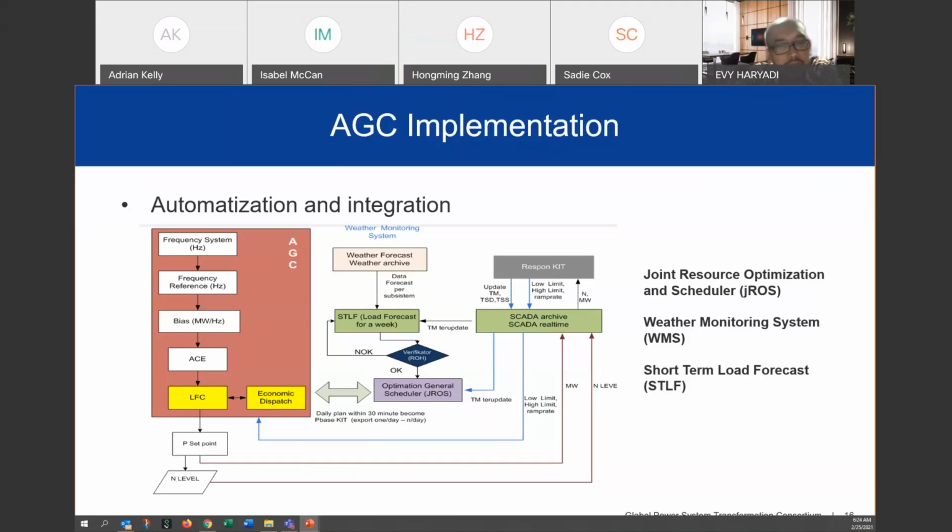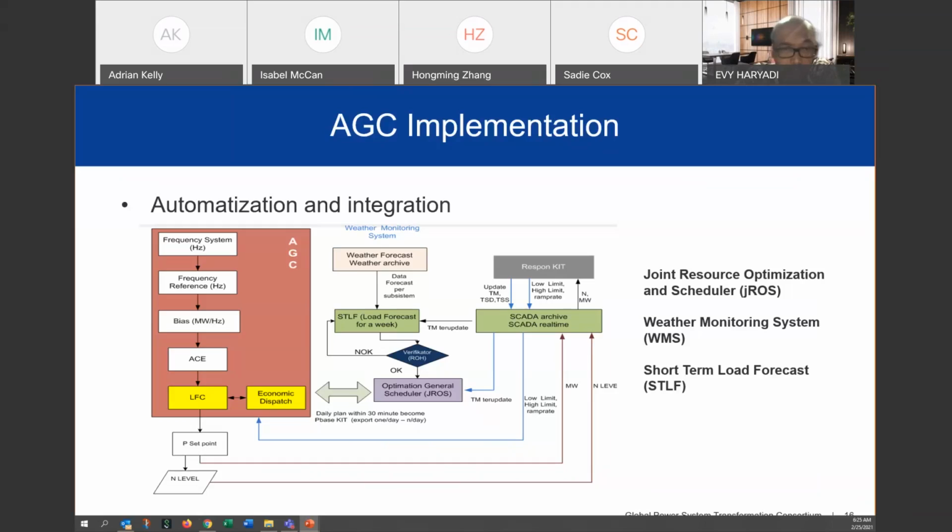The new generation does not use LFC, they are equipped with the AGC system. We want to integrate the LFC system and the AGC system of the new generation into one integrated system in our power system.